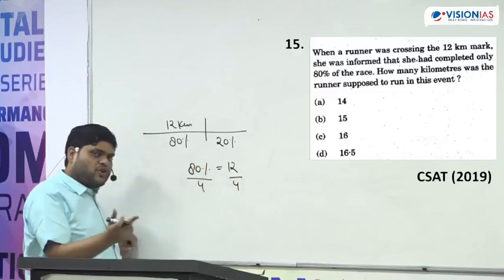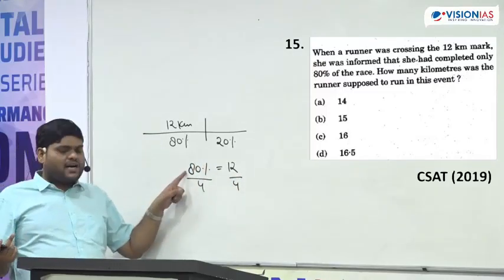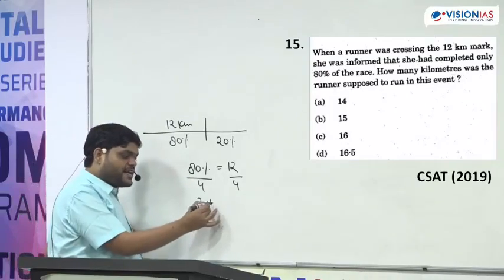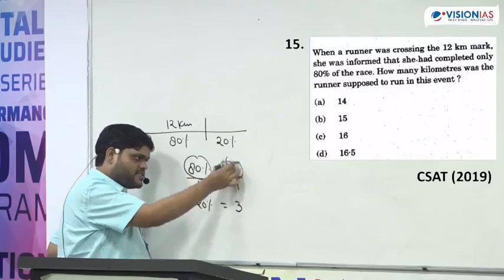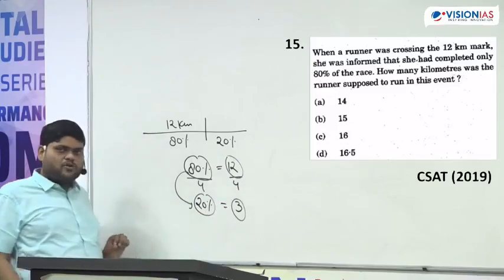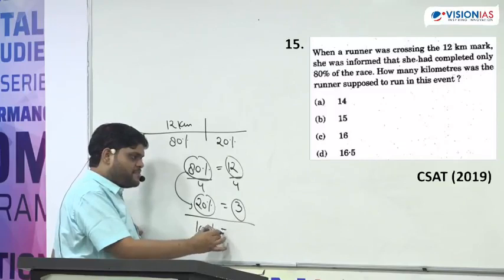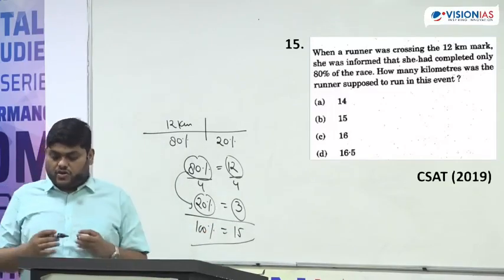Why by 4 only? Because our aim is to get 100%. If I divide by 4, I will get 20%. 20% is equal to 3. 80% is equal to 12. If we add both the things, we can say that 100% is equal to 15.